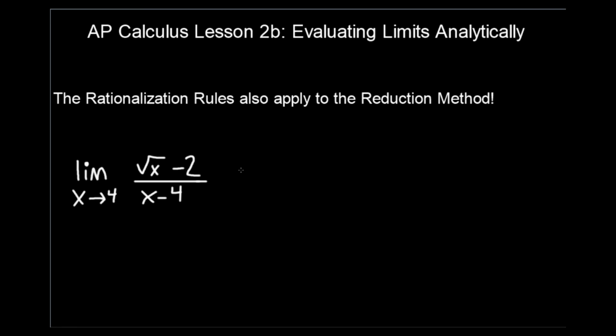To start, we have to do the 0 over 0 step like always. So we do square root of 4 minus 2 over 4 minus 4. Square root of 4 is just 2, minus 2 is 0, and 4 minus 4 is just 0. So there, we have our 0 over 0 step done.